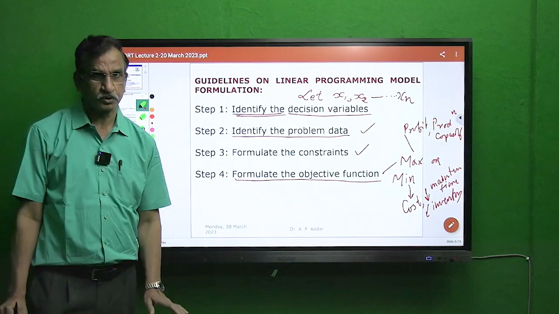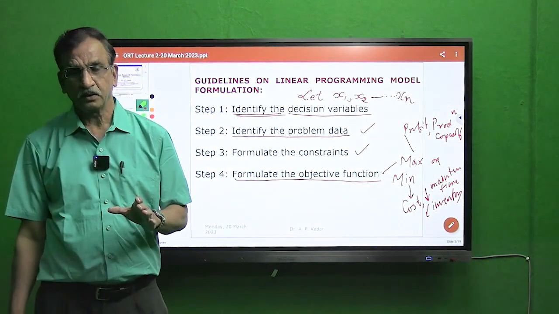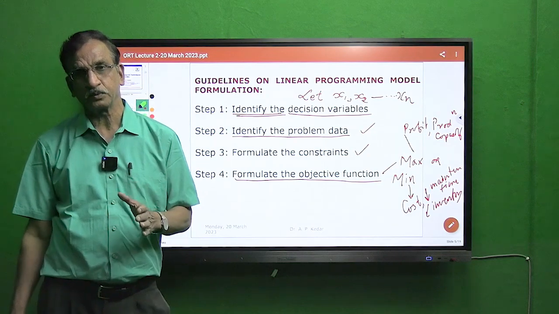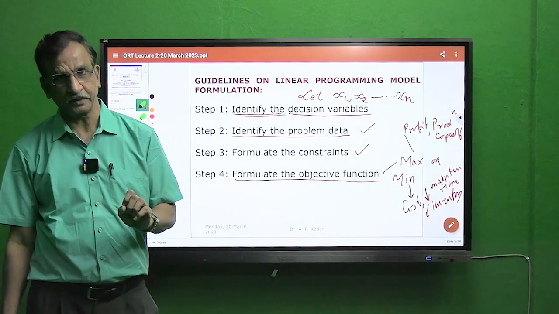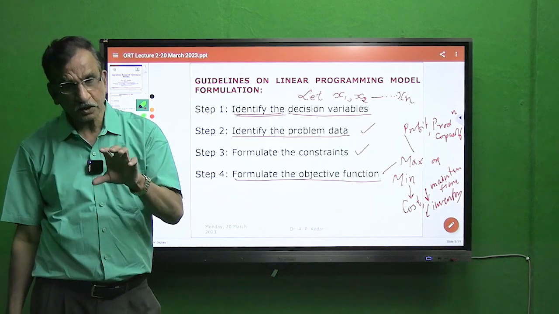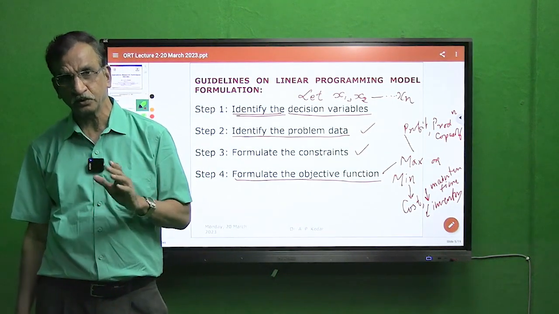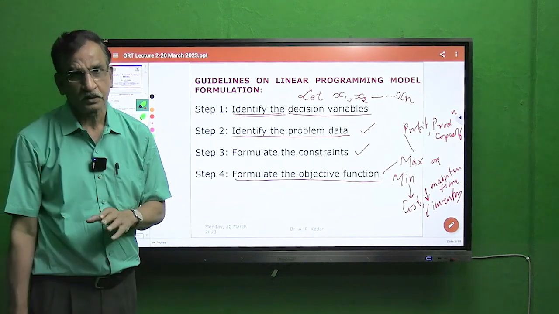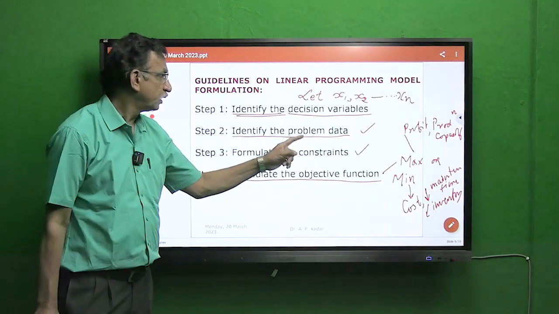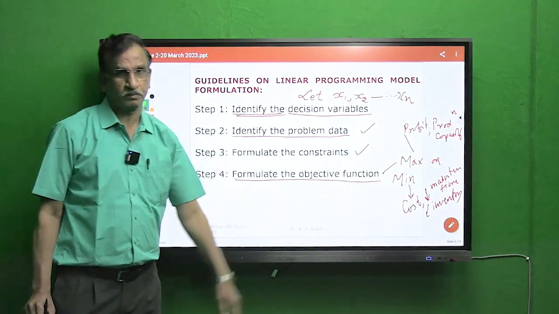Remember, students, what you have to keep in mind is that the objective function may not be given directly many a times. First, you have to read the data, interpret various parameters, and depending on the given parameters, you have to decide whether the objective function is to be maximized or minimized.